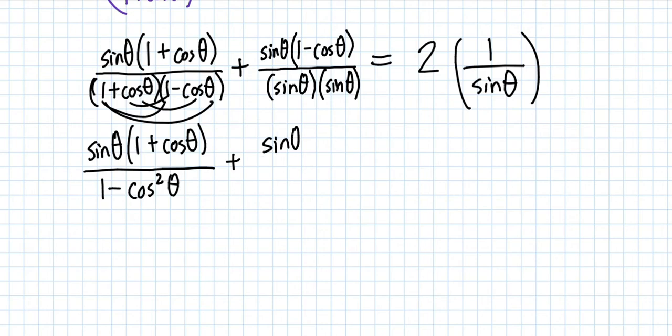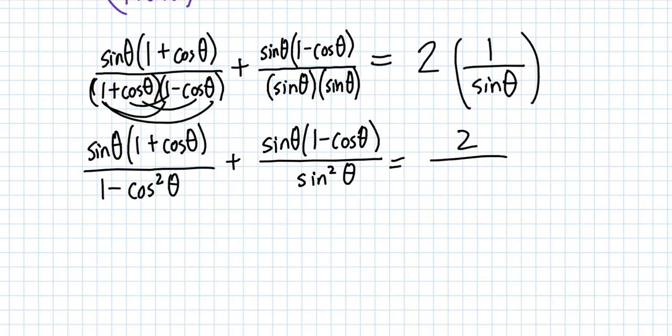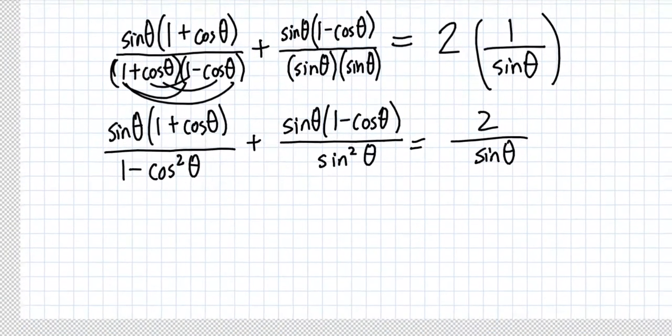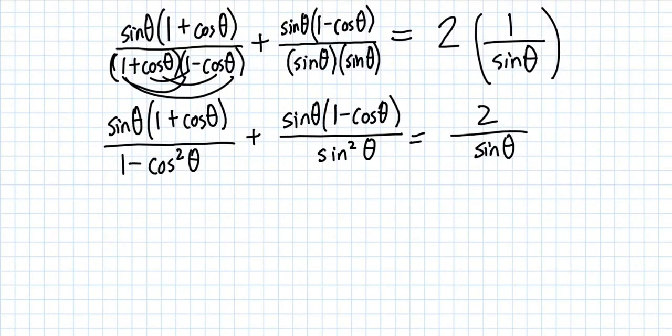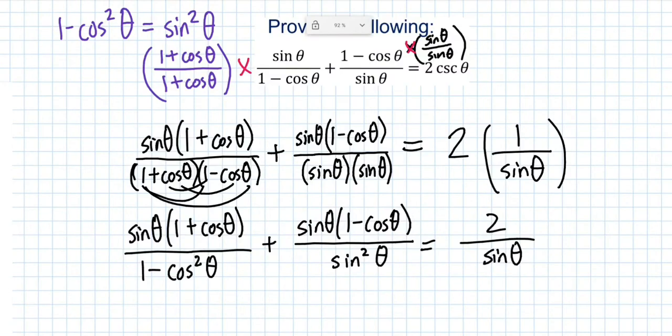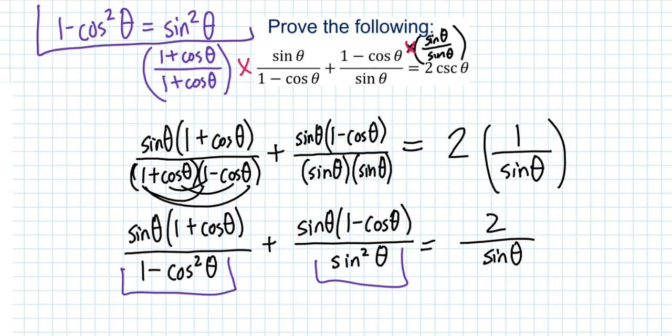Sine theta 1 minus cosine theta all over sine squared theta. And that equals 2 over sine. Okay, good. So we know that per our identity, 1 minus cosine squared theta and sine squared theta are the same thing, okay, per this identity at the top.